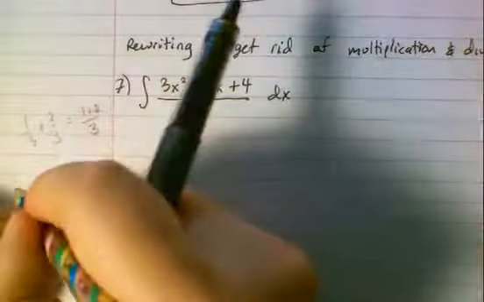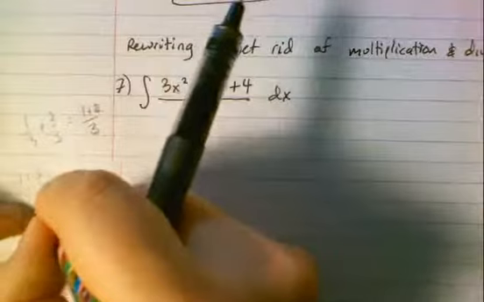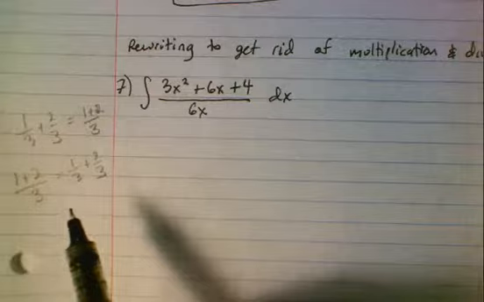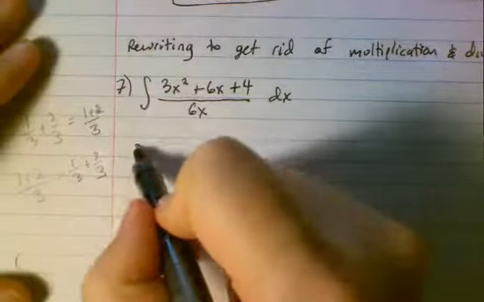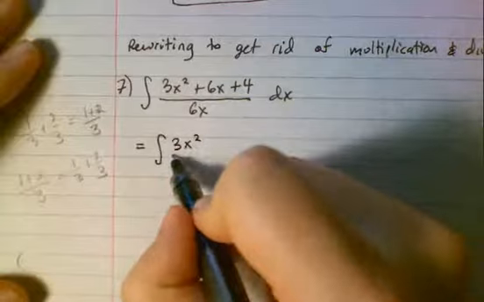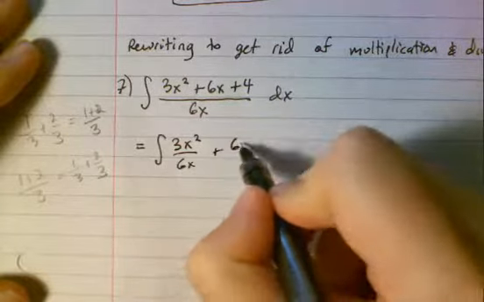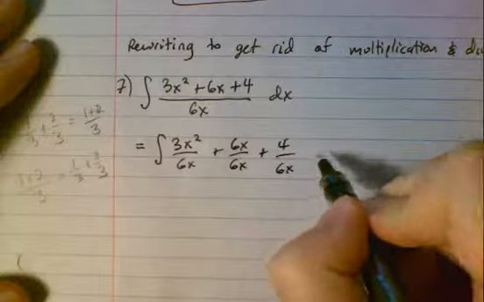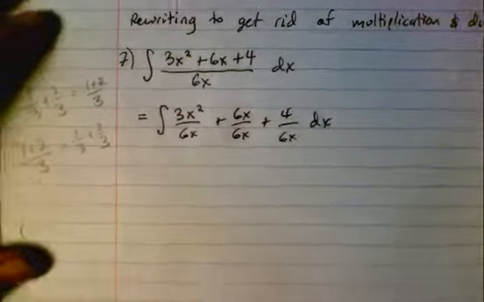And we can also go backwards. 1 plus 2 over 3 is the same thing as 1/3 plus 2/3. So we're just using that property to split this up. So this is the same as the antiderivative of 3x squared over 6x plus 6x over 6x plus 4 over 6x, and that's still all with respect to x.